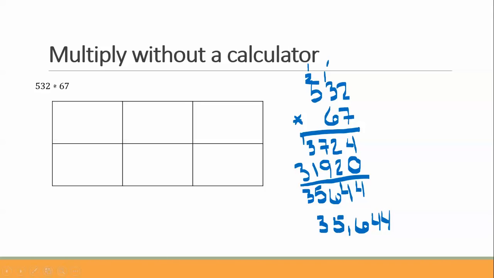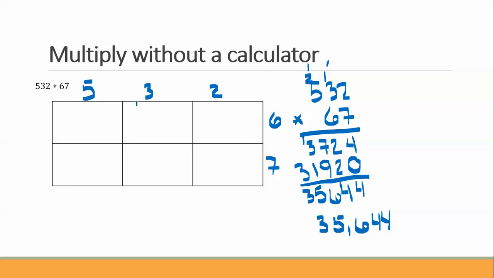Many of my students have trouble with this algorithm. So another way to multiply, and this will work when we start doing multiplication with polynomials also. We have 532, so that's why there's 3 boxes here, and 67, that's why there's 2 rows.